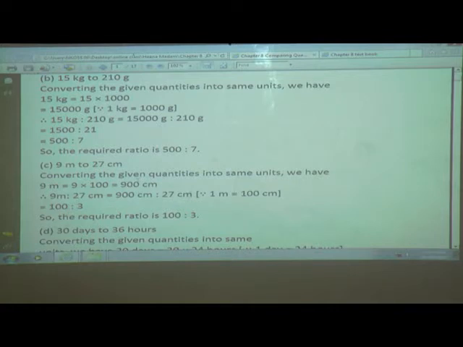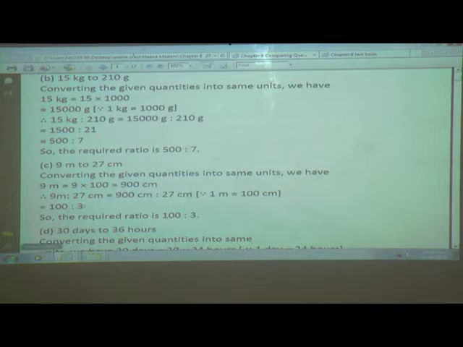Converting the given quantities into the same unit, 9 meter is equal to 9 into 100, or 9 multiplied by 100, which is 900 centimeter, because you know that 1 meter is equal to 100 centimeter.